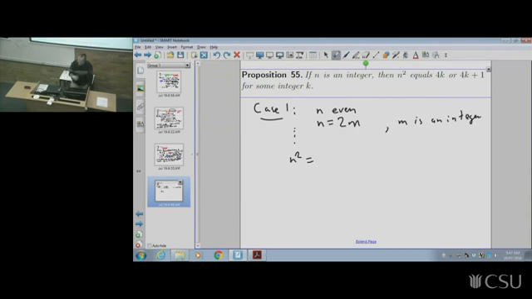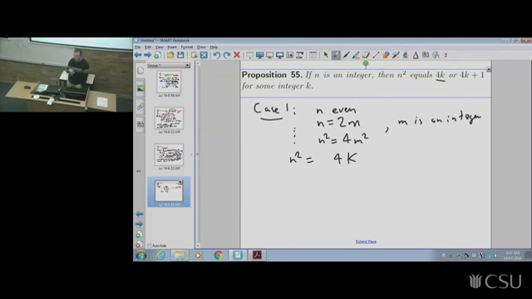I want to know about n squared, so let's square it. So n squared would be 4m squared. Therefore, n squared must be equal to 4 times, call it k, which then proves it, essentially. That makes sense? That's exactly what we're trying to do. That's our conclusion.